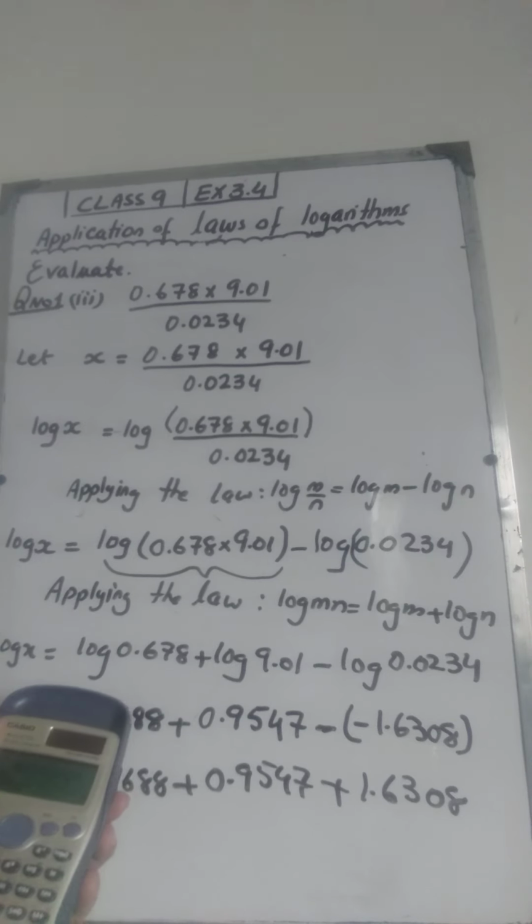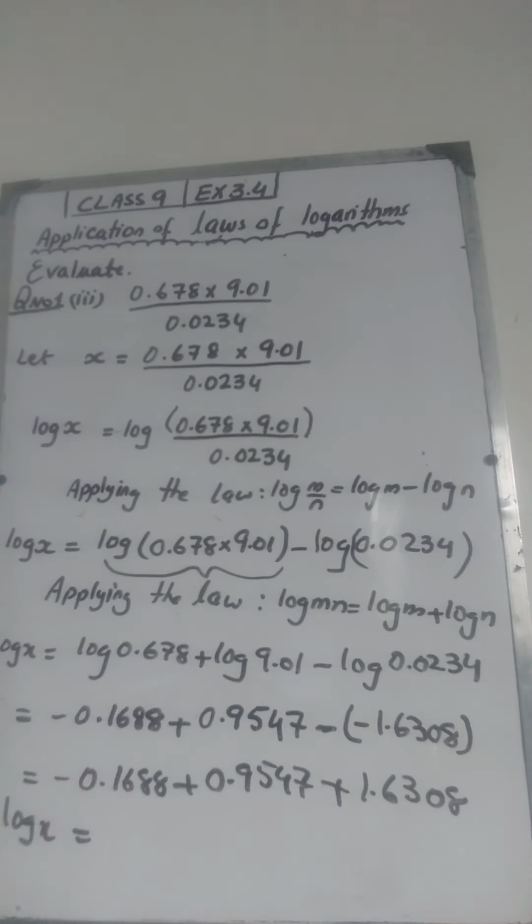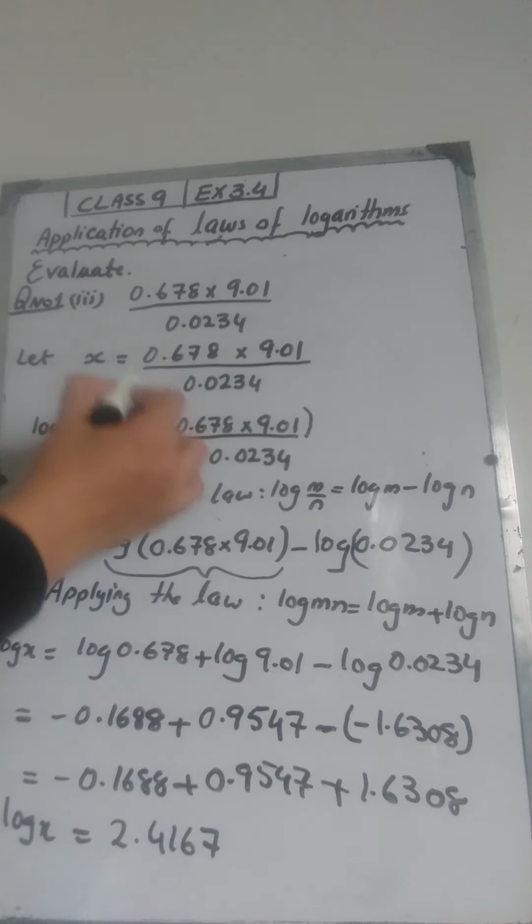We are going to add these numbers. What we get is 2.4167. Now we have to calculate this x.